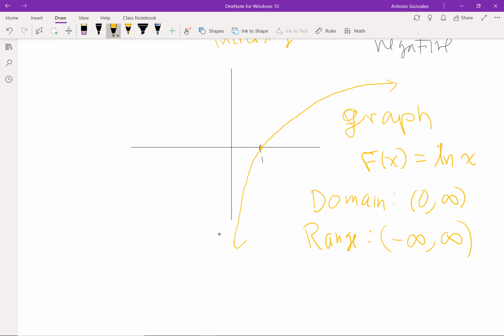Always increasing means it's coming up from negative infinity, as you approach 0 the values are getting more and more negative. And as you go to infinity, the values are increasing, at a low rate but still increasing, which means that the range is from negative infinity to positive infinity.